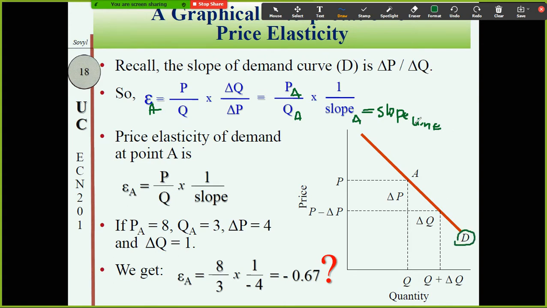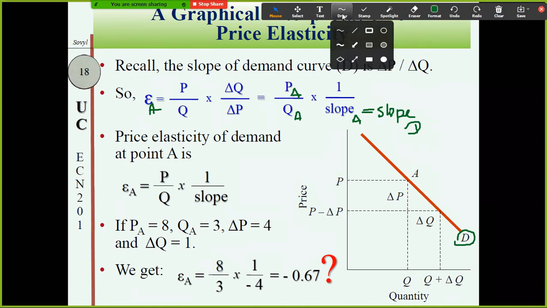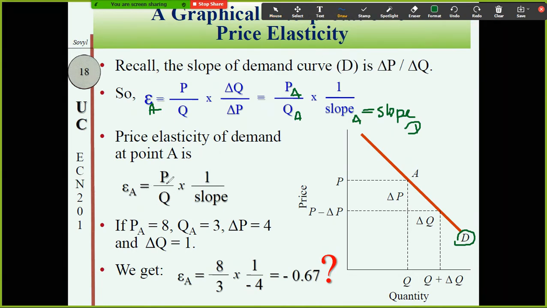That's why I can say the slope of the demand curve. Okay, so the price elasticity of demand at point A is epsilon A, equal to PA divided by QA and multiplied by 1 over slope A. But 1 over slope A equals the slope of the line.